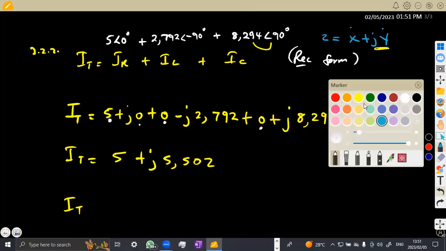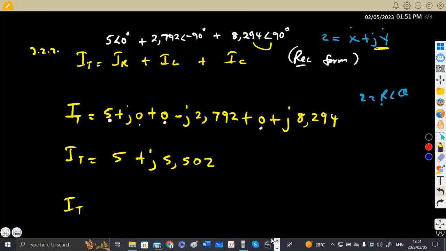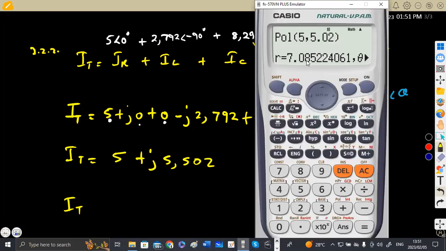Okay, our R is, let me change the marker first. So our R is 7.085, something like that. Okay, so that's in polar form, guys. Okay, let me confirm again. Just want to confirm. So it was to polar form.